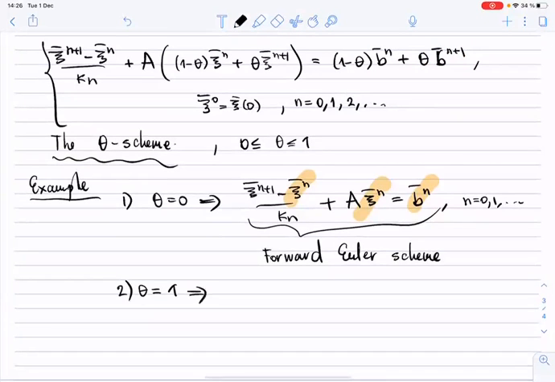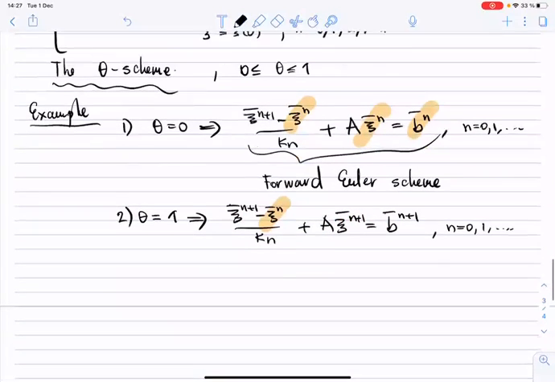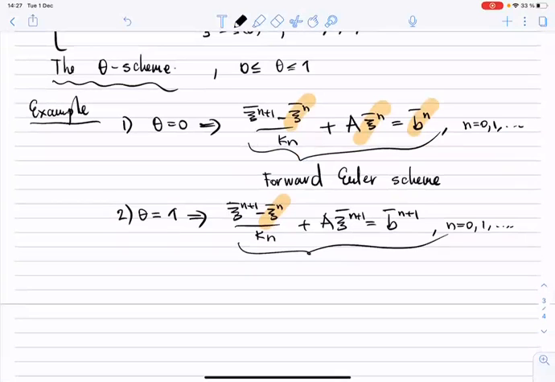The resulting scheme is psi n plus 1 minus psi n divided by Kn plus A psi n plus 1 equals bn plus 1. Here we see that the only known term for n equal to 0, 1, etc. is psi n. The rest you have to solve, and in every time step, of course, you have to solve a linear system. This method is usually called the backward Euler method.